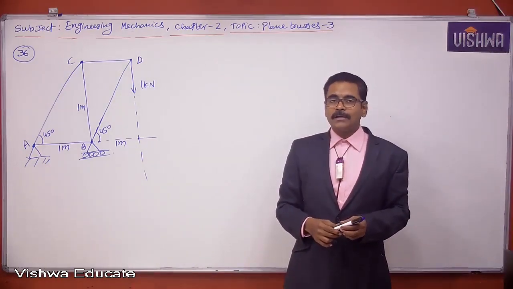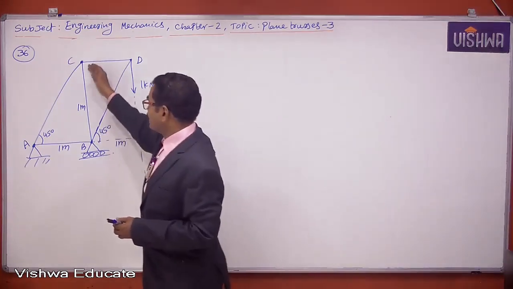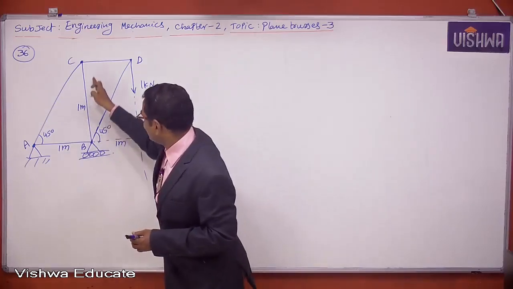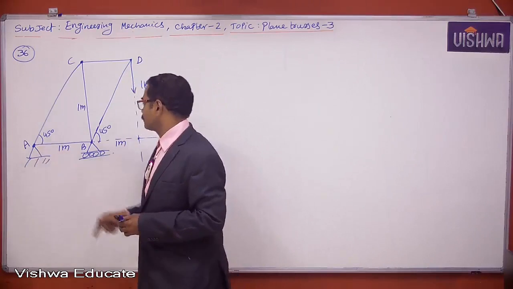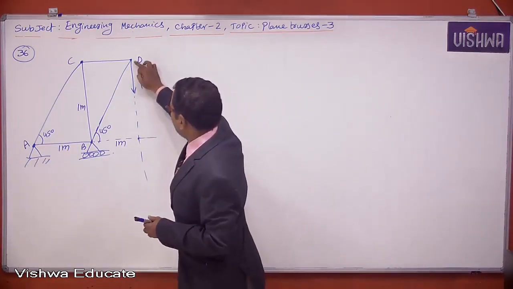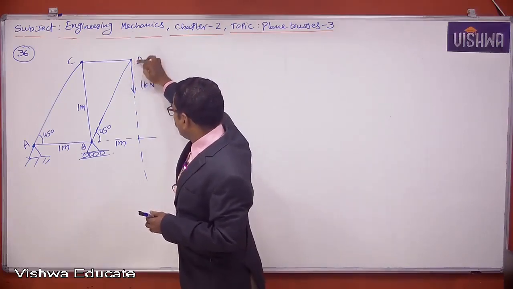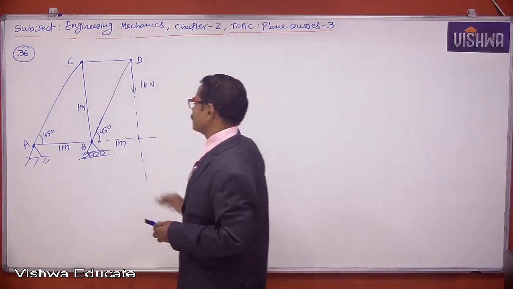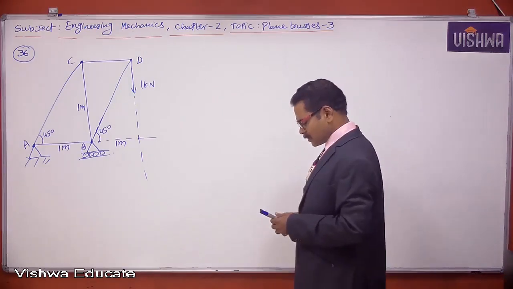I cannot deal with joint C either. So B and C you cannot deal with. Then what are the neighboring joints of B and C? Either this or this. If I take this joint D, I can find these two. Once I know them, I can take joint C. So let us take joint D.